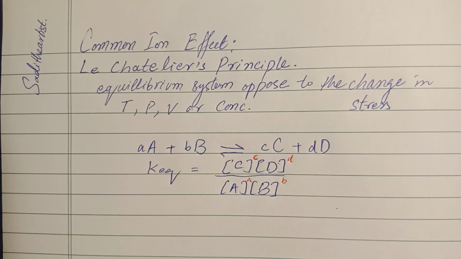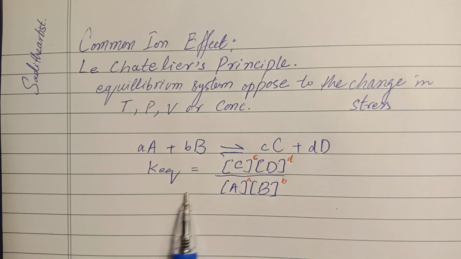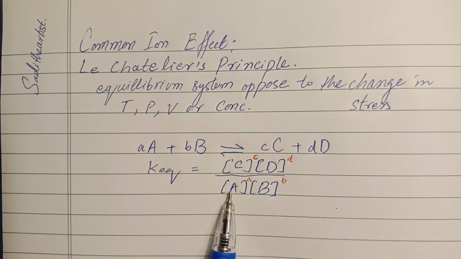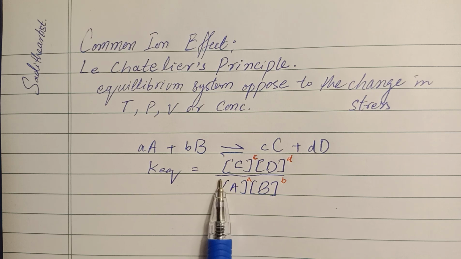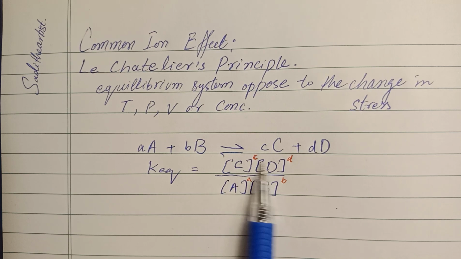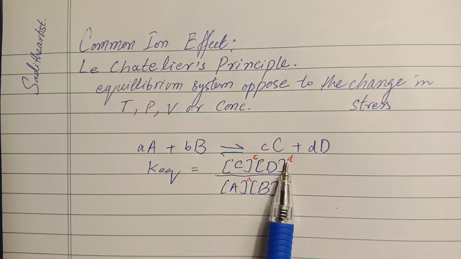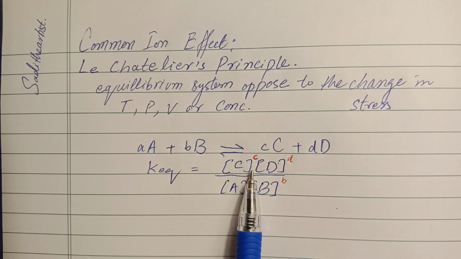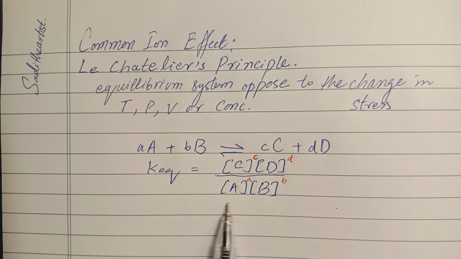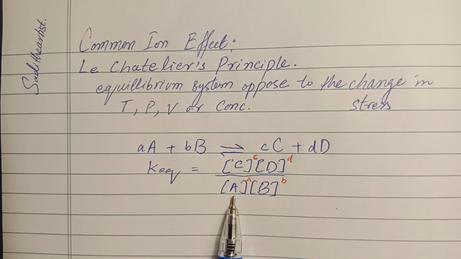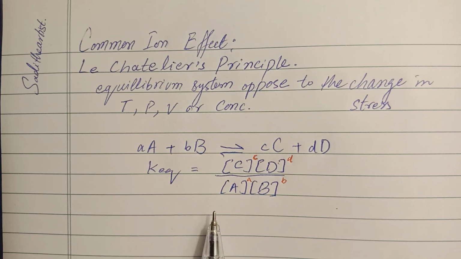The equilibrium constant for this reaction is equal to the product of the concentrations of products raised to the power of their coefficients, that are actually the number of moles, over the product of the reactants raised to the power of their number of moles.